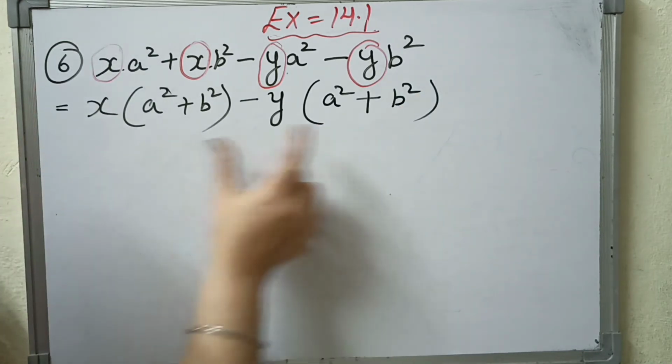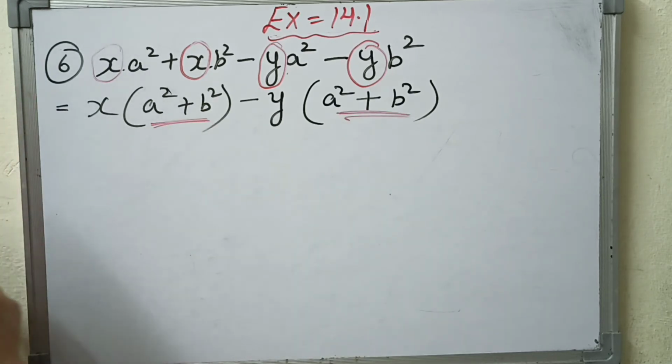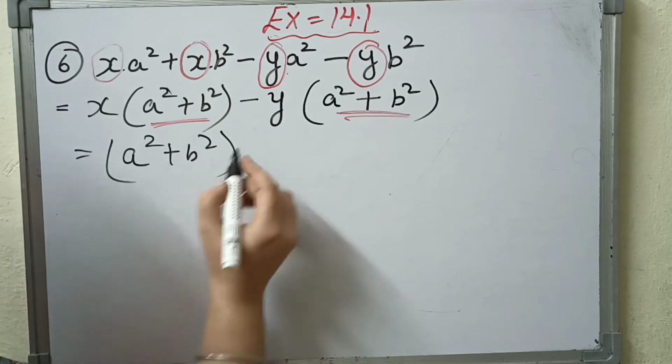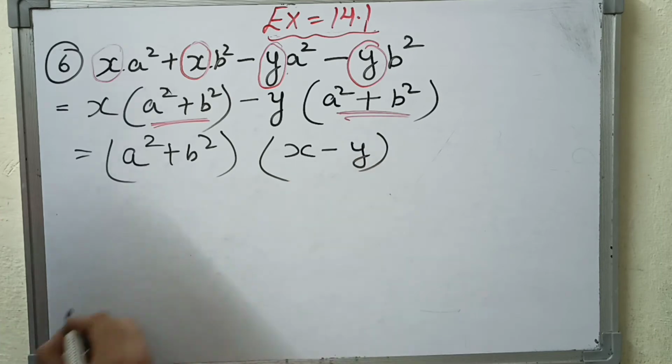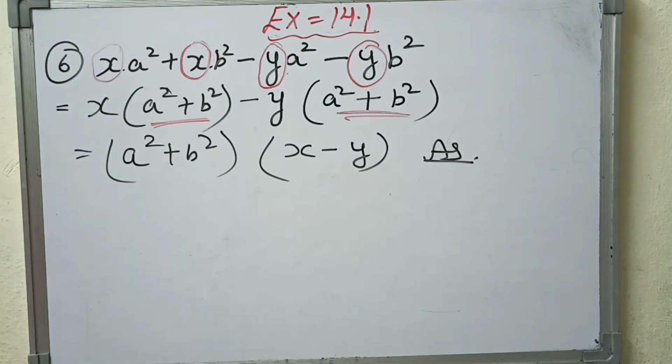Again, now in these two terms a square plus b square is common, so a square plus b square, and the term now left is x minus y. So this is the factor form of sum number 6 of the given algebraic expression.